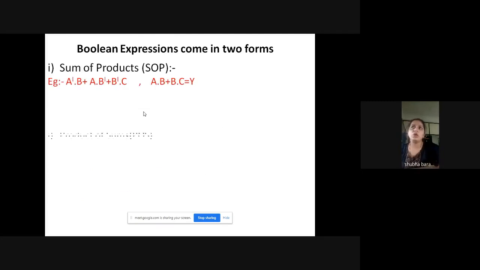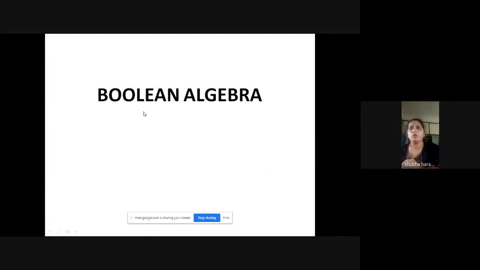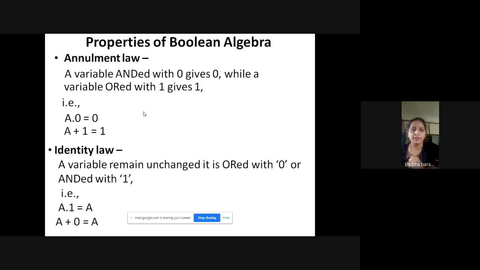It means your a plus b, which is given, should have both variables a and b either in complemented or uncomplemented form. To do that we will take help of the Boolean algebra properties.